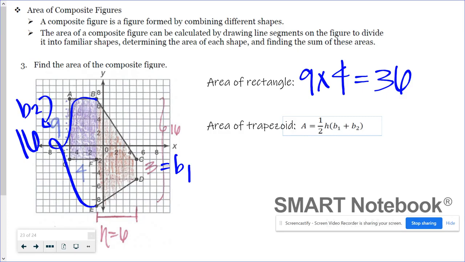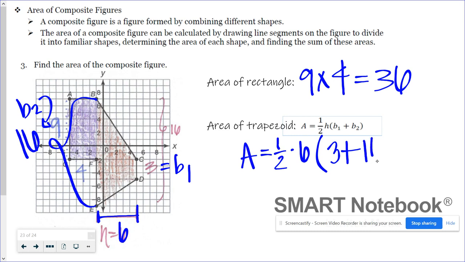And then the height of the trapezoid is 6. So I would go area equals 1/2 times the height, which is 6, times base 1 plus base 2. So half of 6 is 3. 3 times 19, we're looking at 57.